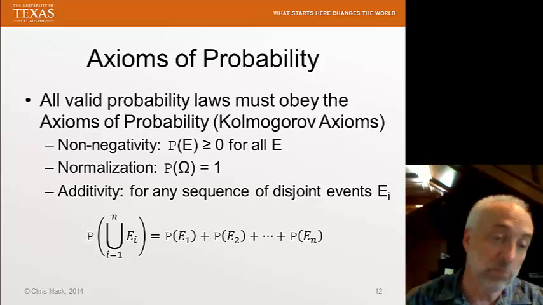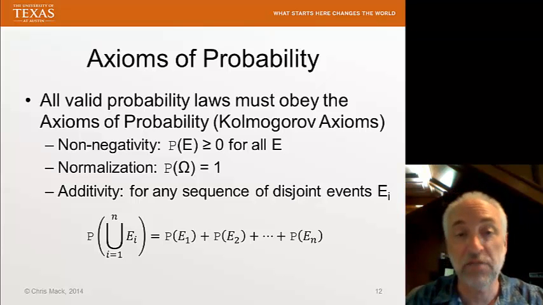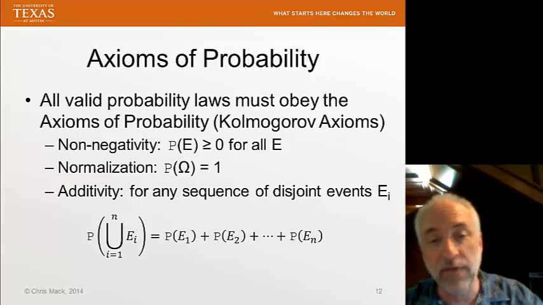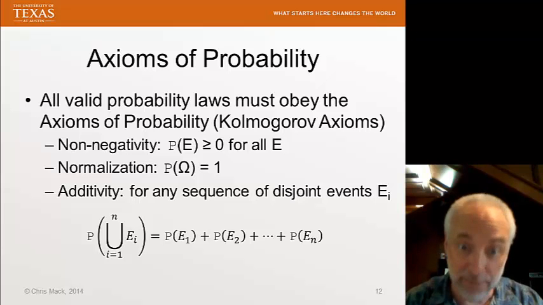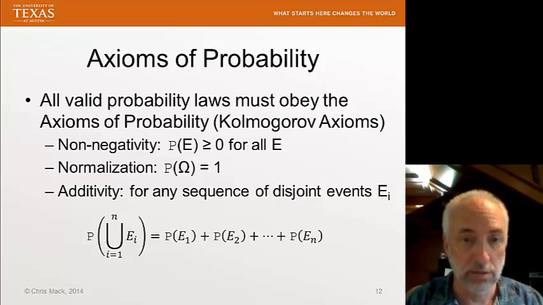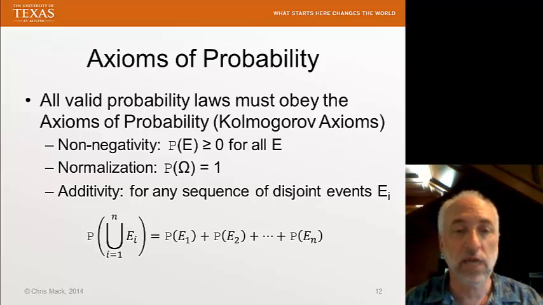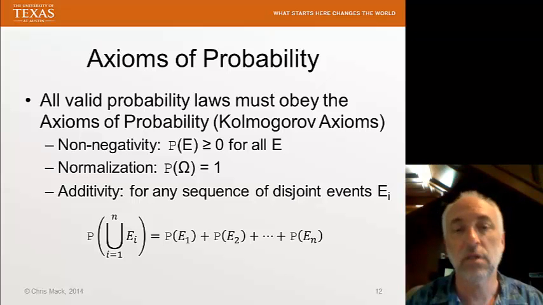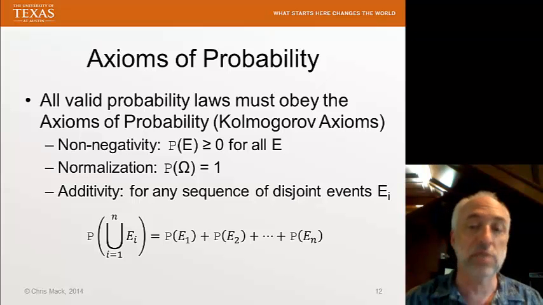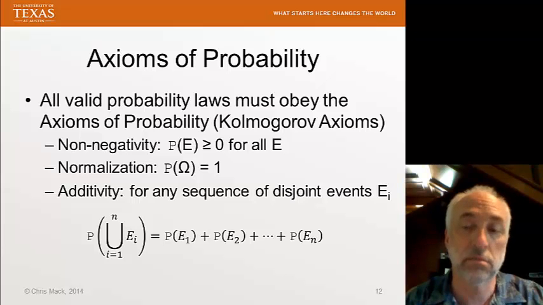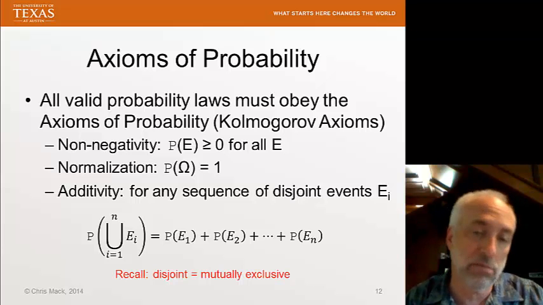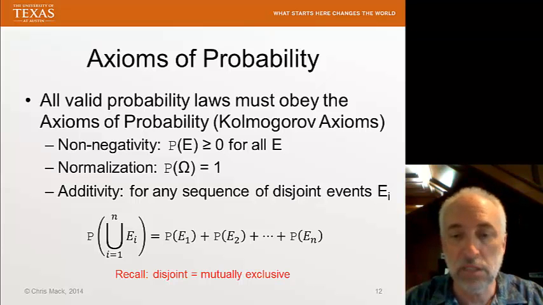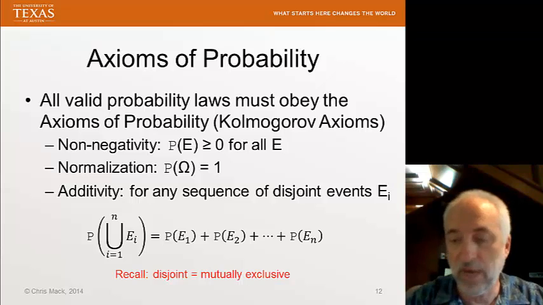You can recall that we used this additivity axiom when we divided up an event into a collection of outcomes. Outcomes are, by definition, disjoint, so that I could say the probability of an event is the sum of the probabilities of the outcomes that make up that event. Recall, as I've already said, that disjoint means the same as mutually exclusive, no overlap whatsoever.